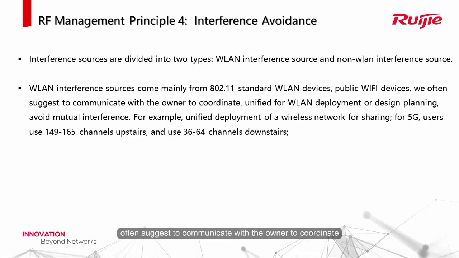We often suggest communicating with the owner to coordinate unified WLAN deployment or design planning, avoiding mutual interference. For example, a unified deployment of a wireless network for sharing. Users use 149-165 channels upstairs and 36-64 channels downstairs.